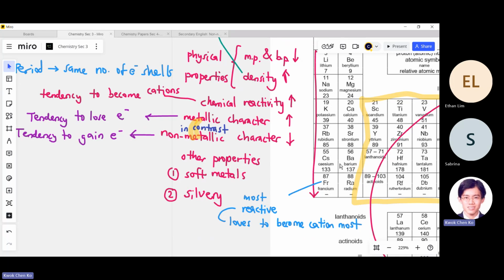In contrast, if you look at group 17, we also mentioned chemical reactivity for group 17. Are you able to provide an alternative description as well? How do you want to describe chemical reactivity in group 17?